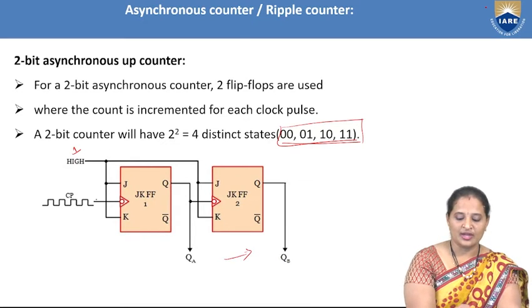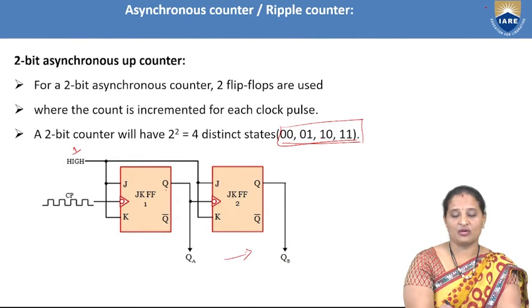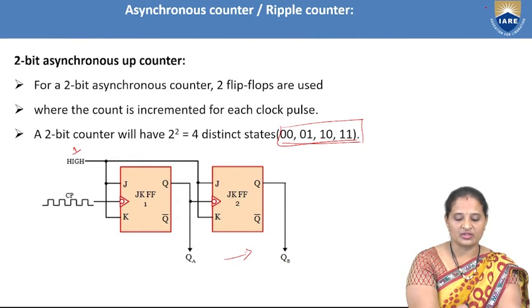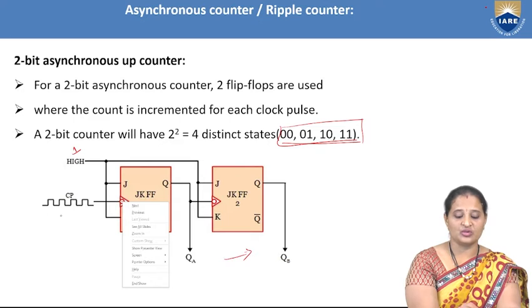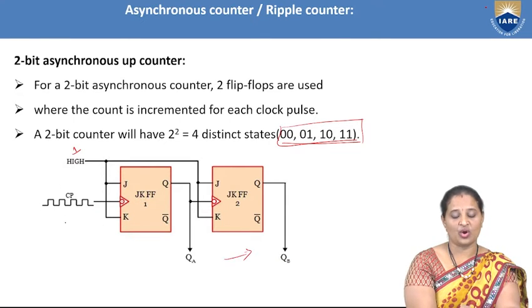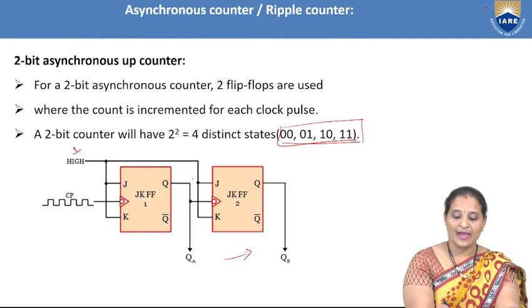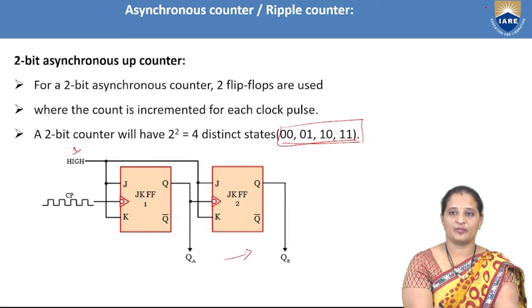And here, if you observe, the first flip-flop is applied with the clock signal, whose pulses are to be counted. So this is the clock signal. I want to count the pulses in this clock signal, and the output of this first flip-flop, which is Q, is taken as the clock input to the second flip-flop.